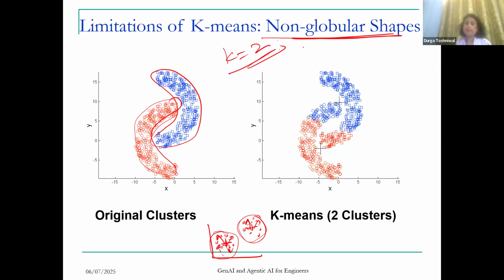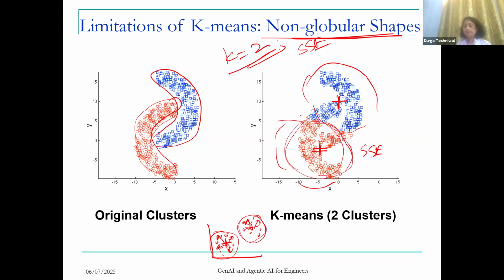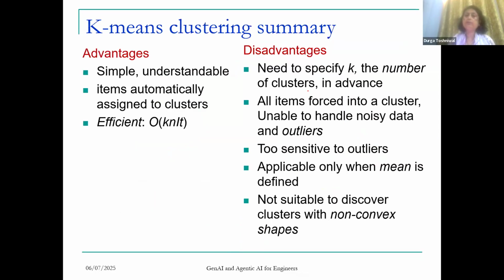However, when we apply k-means clustering and SSE comes into the picture, it will try to divide these points so that the number of points equidistant to these cluster centers is almost equal, so the SSE gets reduced. So in an attempt, it will split across these two clusters and incorrectly merge two parts of the cluster in one cluster and another two parts in another cluster. Therefore, k-means doesn't work well when the shape of the cluster is non-circular or non-spherical.